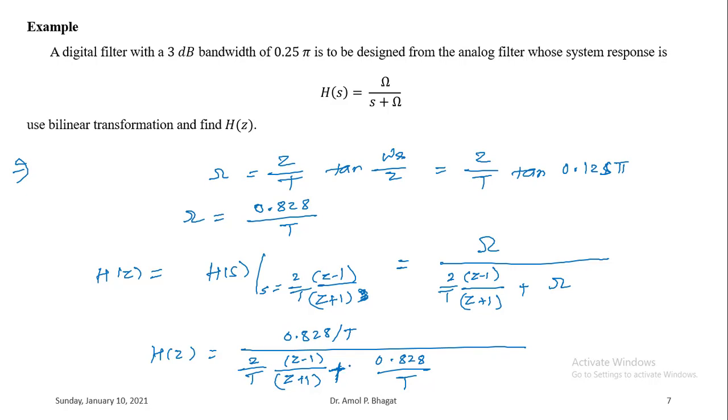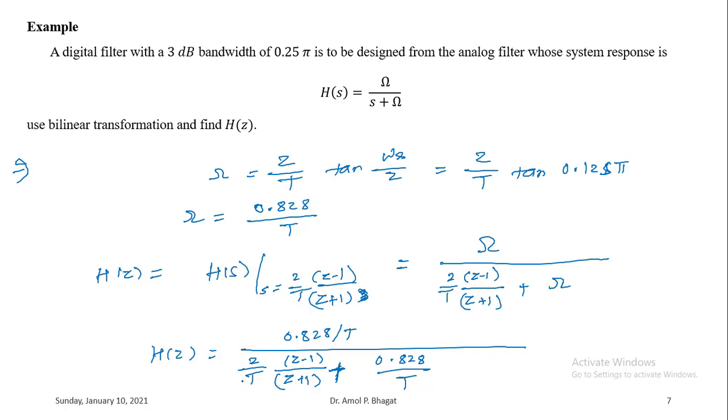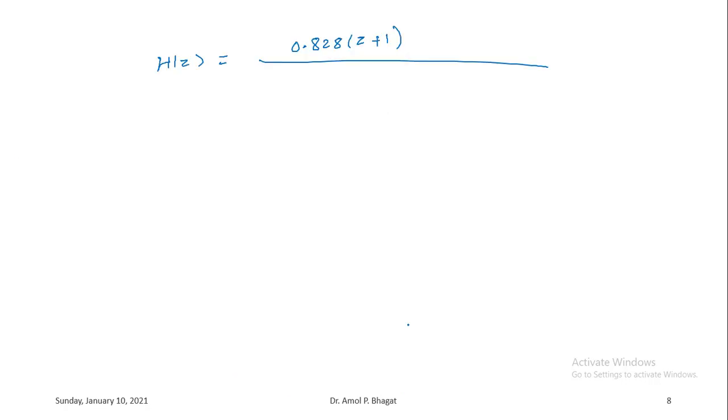Cancelling all those T and simplifying this equation, I get 0.828 multiplied by (z plus 1) in the numerator. So H(z) equals 0.828(z plus 1) in the numerator, and in the denominator I will have 2(z minus 1) plus 0.828(z plus 1).